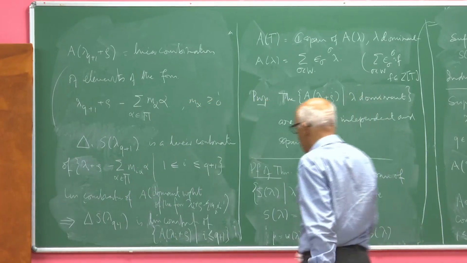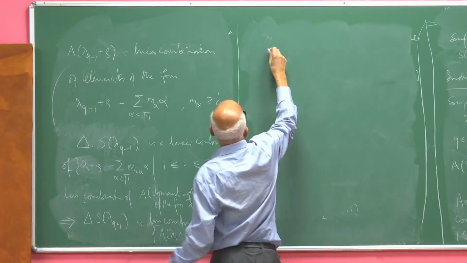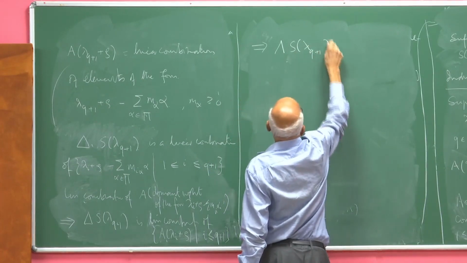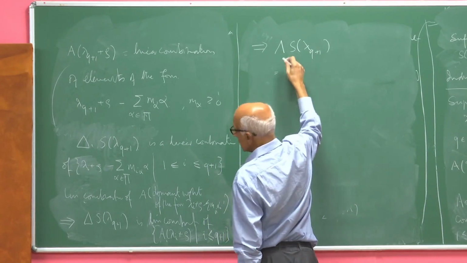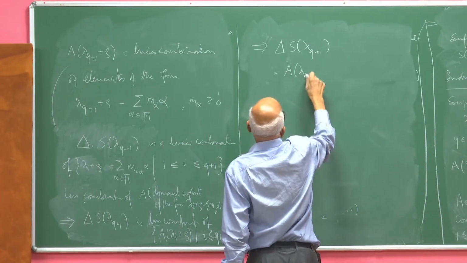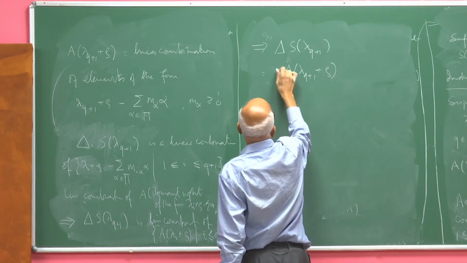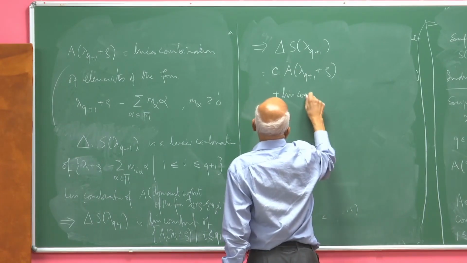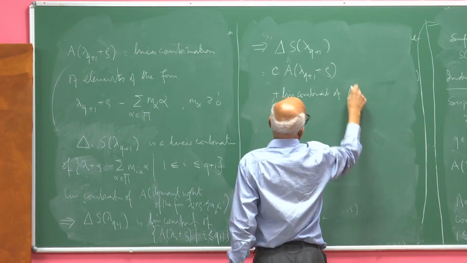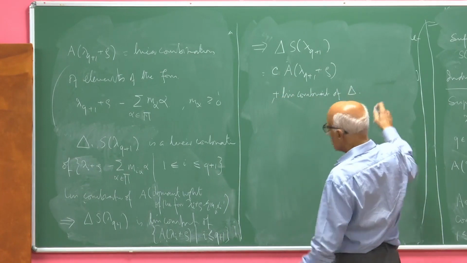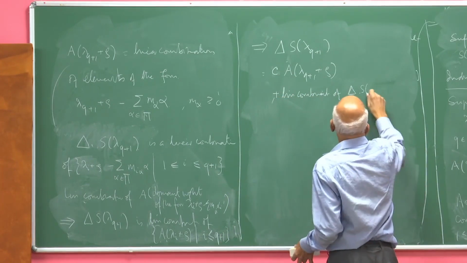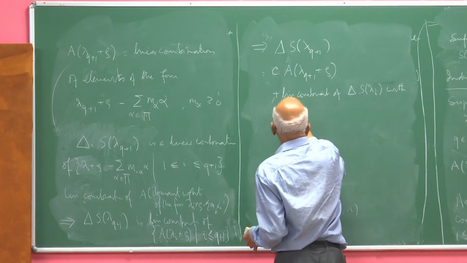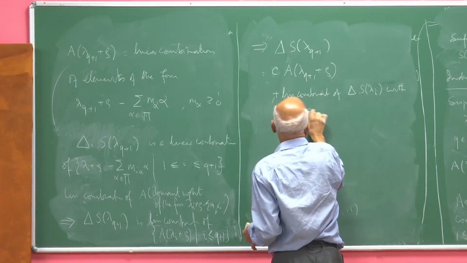The induction hypothesis tells you that all this belongs to this, which implies delta S lambda q plus 1 equals A lambda q plus 1 plus rho with some coefficient C times this, plus a linear combination of delta times S lambda I with I less than or equal to q.